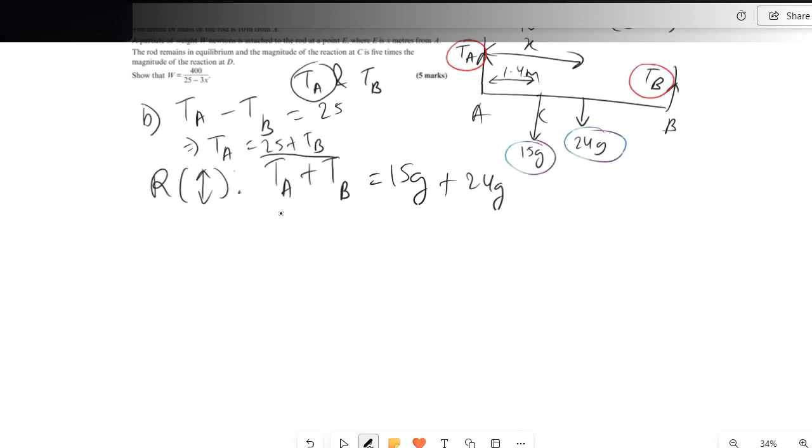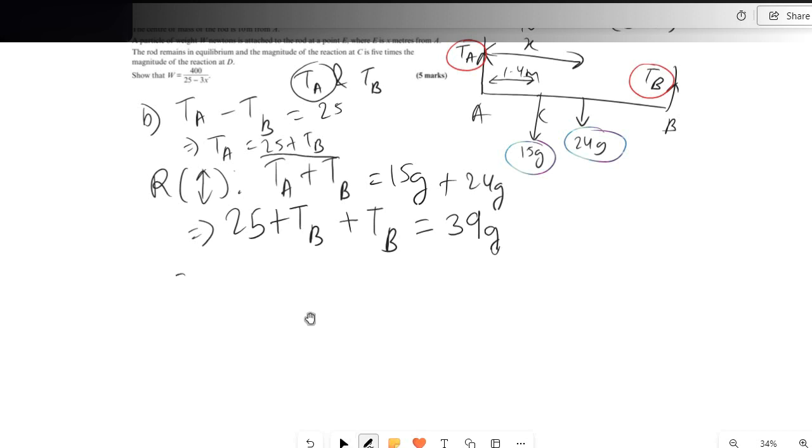Simplifying and placing the expression for TA in terms of TB, we can write that 25 plus TB, plus tension at B, is equal to 15g plus 24g, which is going to be 39g.